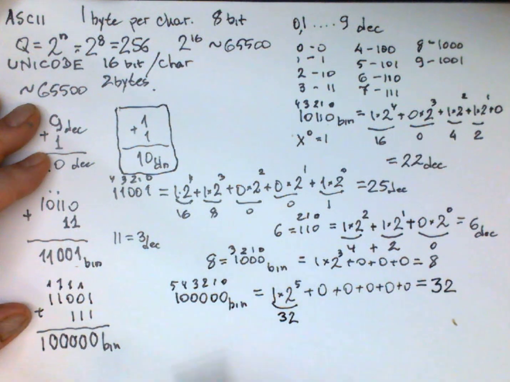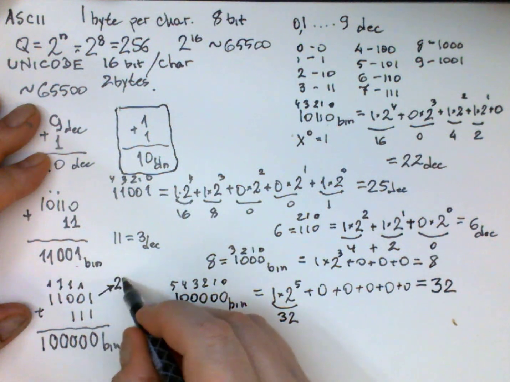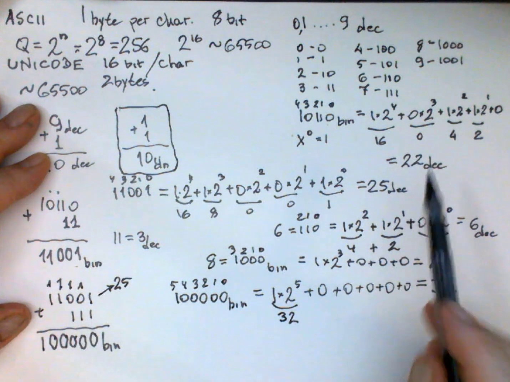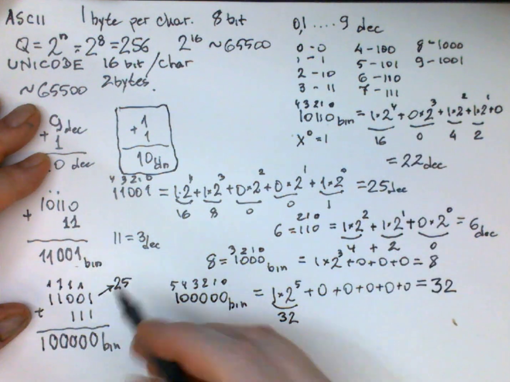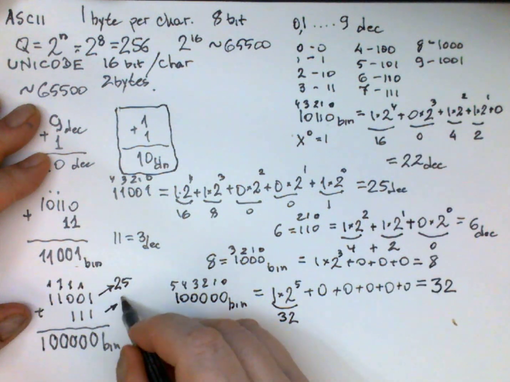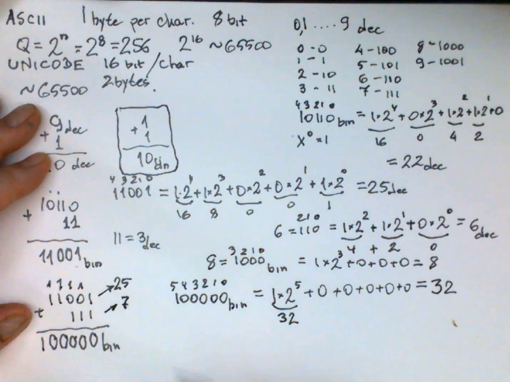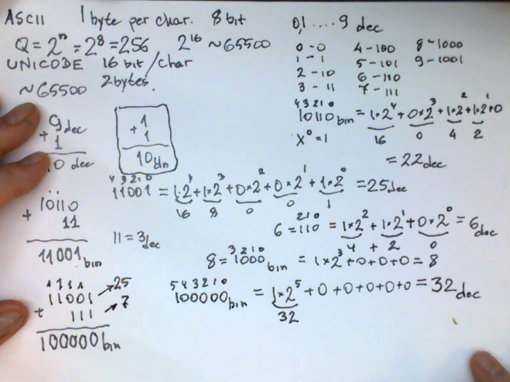So what we did, we took 25 and we added 7, because 111 is 7. 25 plus 7 is 32. So 32 decimal. Again, folks, that is total proof that I can produce calculations in the binary system.